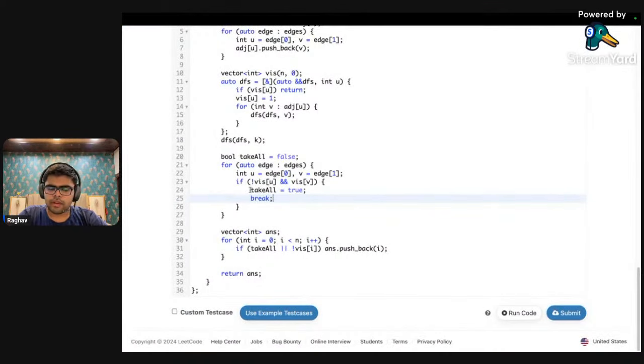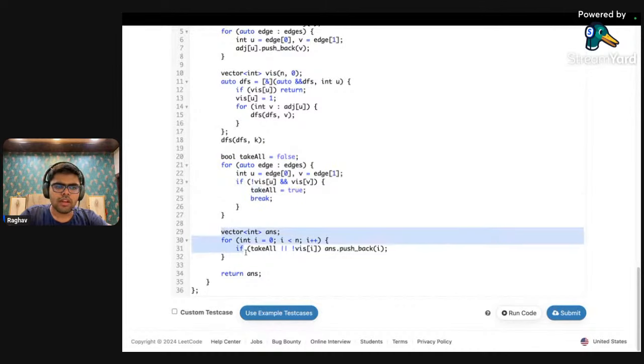So either you can just create an answer variable and return it directly in the answer vector, or you can do it like me. I just stored it in a bool variable that here I found such an edge, and after that I will just iterate over all the nodes.